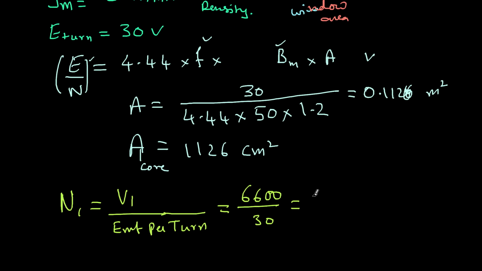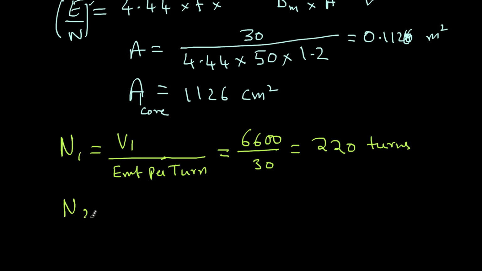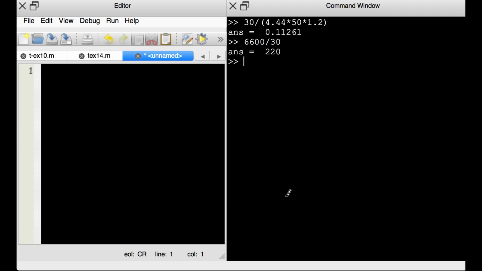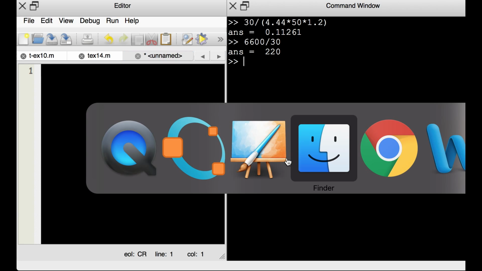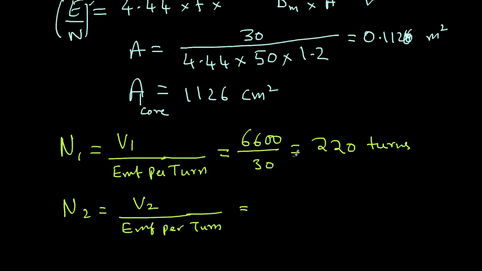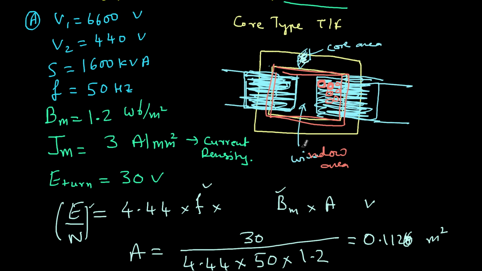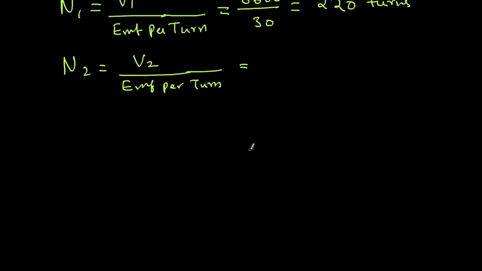So the primary winding has 220 turns. Now how many turns are there in the secondary winding? That is nothing but V2 by EMF per turn. What is V2? 440 volts, that is given to us.